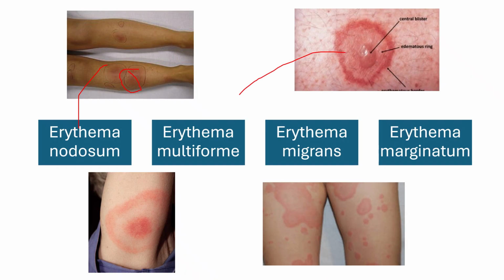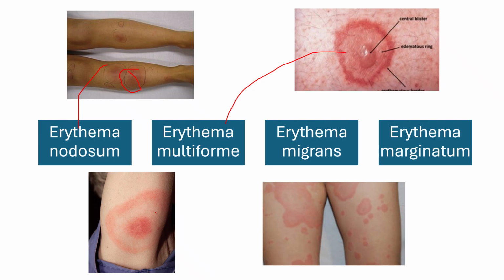Next is this target lesion or bullseye appearance of erythema multiforme. Okay, with this a central blister is here. This is a central blister with edematous ring, and again a very highly erythematous border. So how is it different from erythema migrans? In erythema migrans, again there are 3 zones, but the central zone is erythematous, the peripheral zone is again erythematous, but in between that you have a clearing.